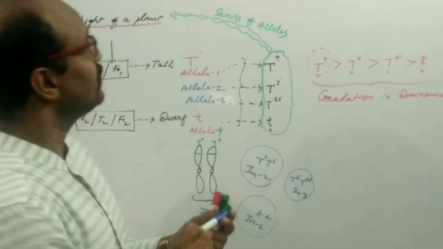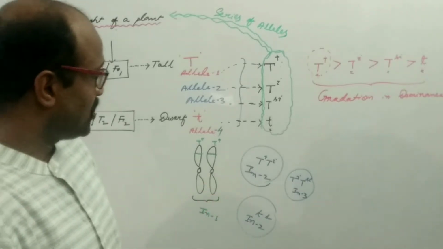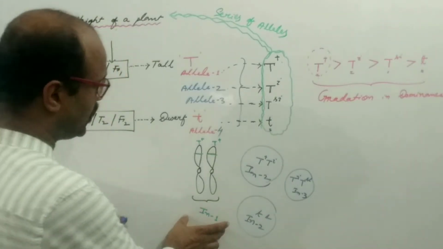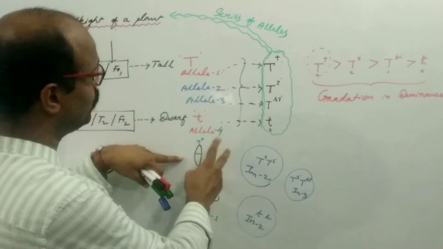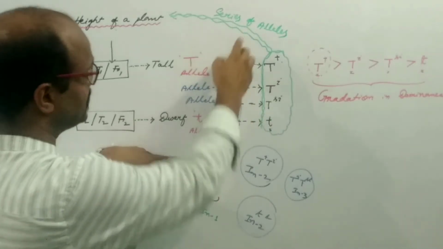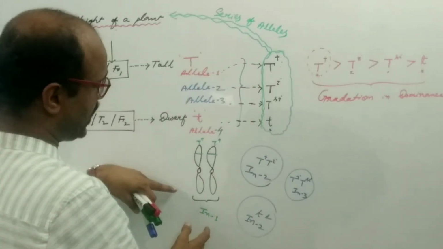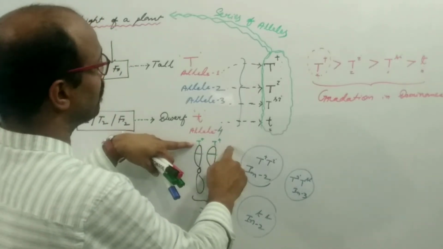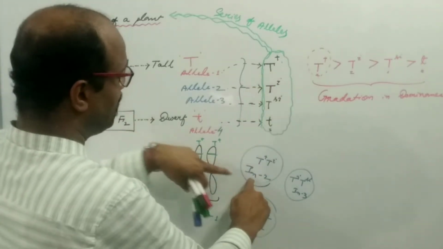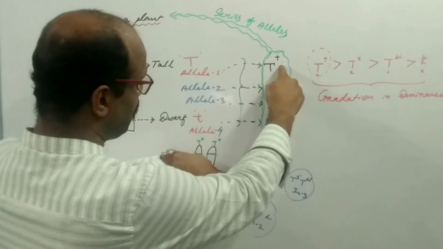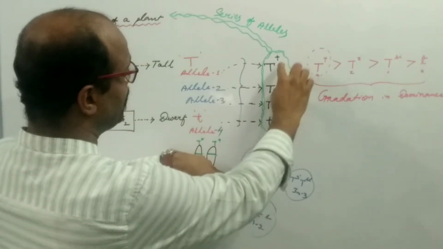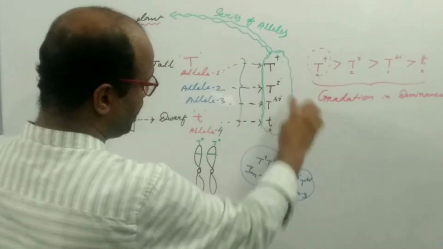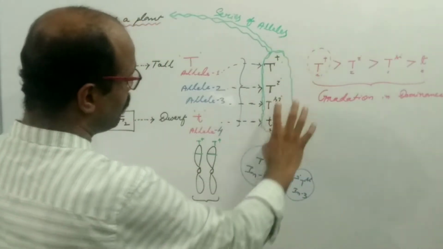So multiple alleles we are not studying in a single individual. A single individual contains only 2 forms out of the series of alleles. Suppose individual 1 contains only T plus, only one form, individual 2 contains only T plus and Ti, only 2 out of 4, and individual 3 contains Ti and Tsi, 2 out of 4.